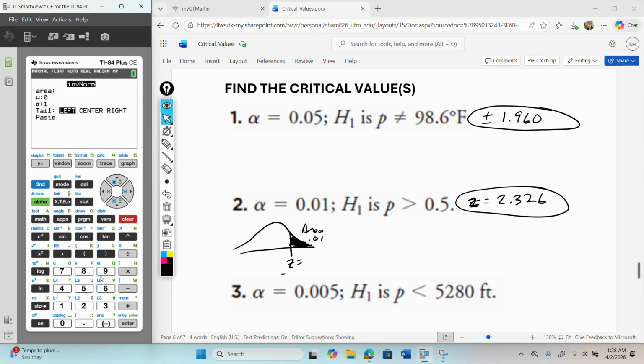But if I want to tell it the right area, which is 0.01, then I have to come down here and I have to choose the right. So with the CE, you can choose which tail. With the plain 84 Plus, you must always give left area. And you see, I'll get the same answer.